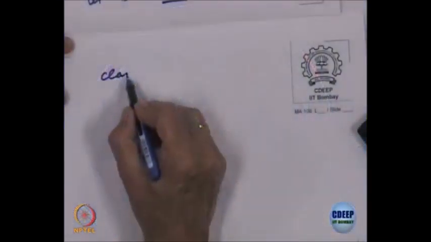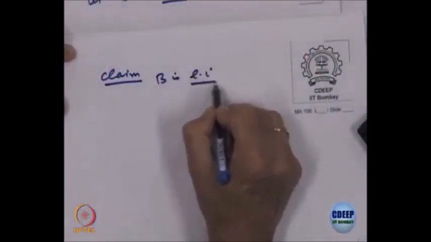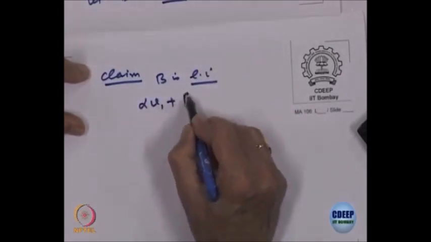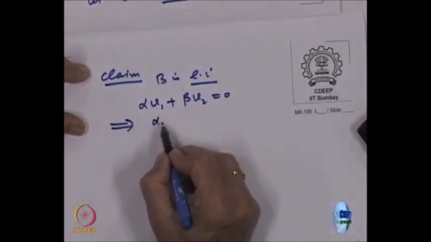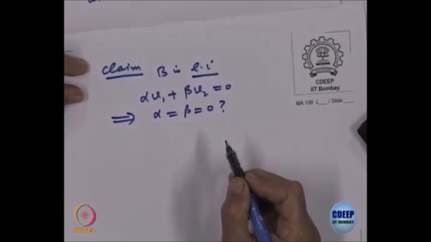Claim: B is linearly independent. So, what does that mean? Alpha V 1 plus beta V 2 equal to 0 should imply alpha equal to beta equal to 0, right.